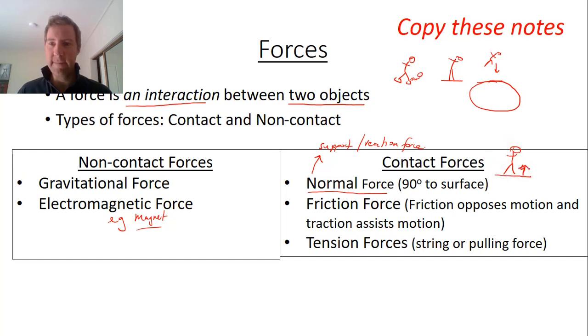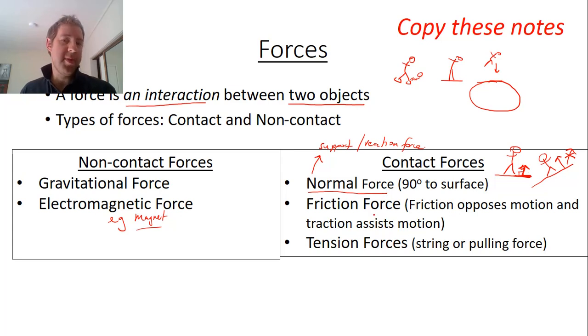That's why the normal force goes up. It makes sense because when we start learning about standing on slopes, the normal force is not upwards, it's 90 degrees to the surface. So normal force is what we're going to start using instead of support force.